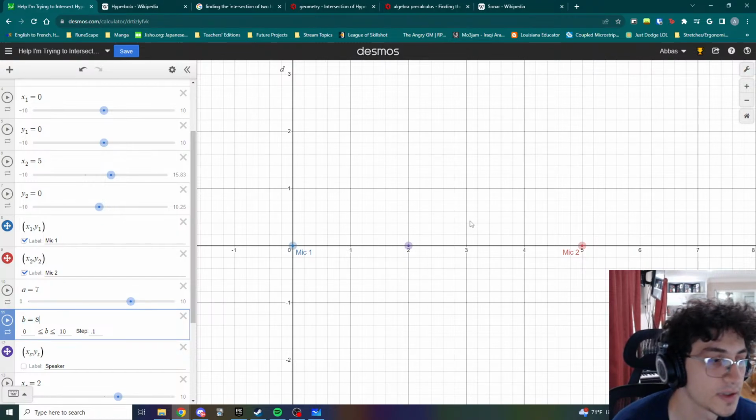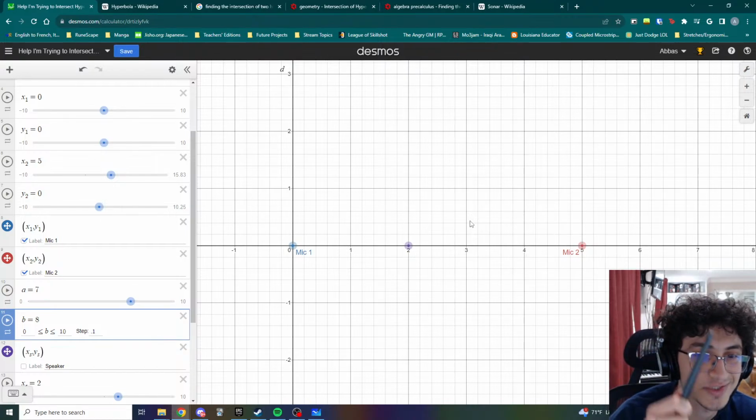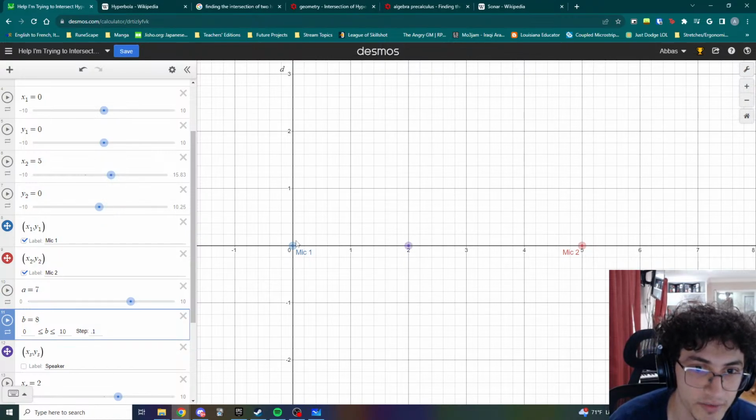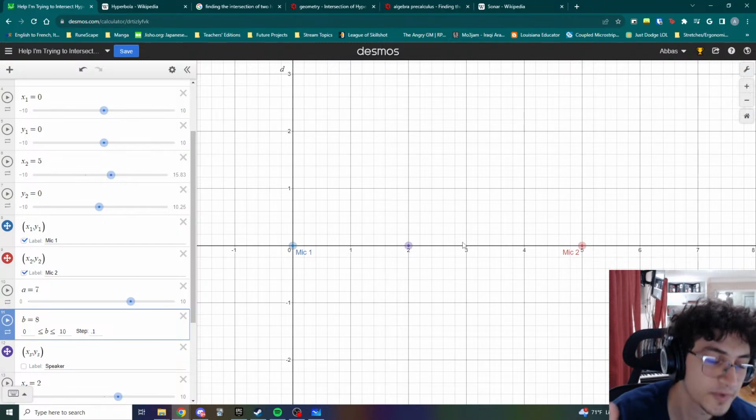So that tells me that the speaker has to be 1 second of the speed of sound closer to the first microphone compared to the second microphone. And so that leaves this location. This is pretty nice. This is 2 blocks away from the first microphone, and this is 3 blocks away from the second microphone. That's a difference of 1. That's a good solution.